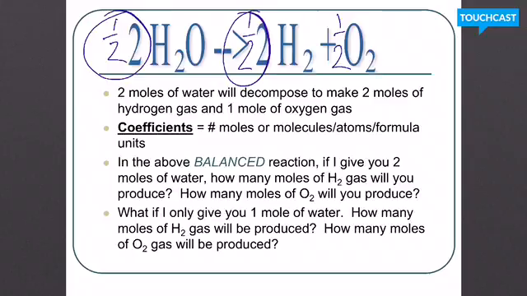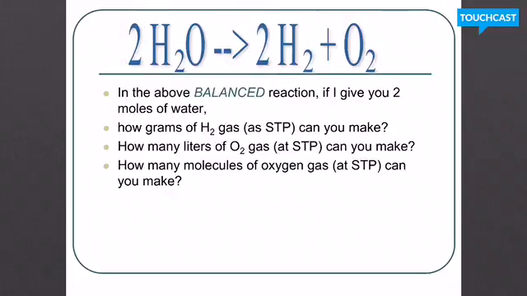Now, if we want to talk stoichiometry, let's change the question just a little bit. I'm still going to give you 2 moles of water, but now I want to know how many grams of hydrogen gas I will produce. So, if I give you 2 moles of water, you will make 2 moles of hydrogen gas. Now I want to know how many grams is that.